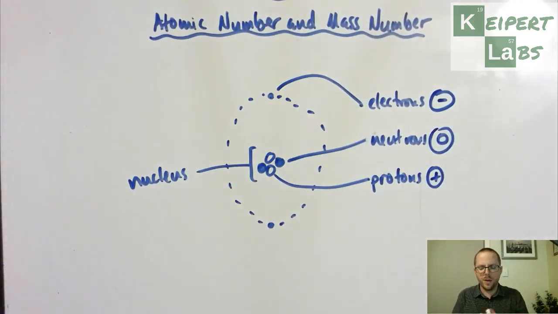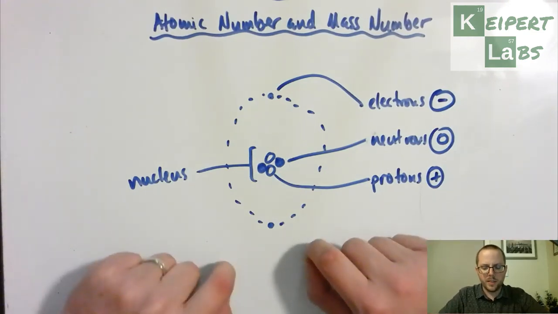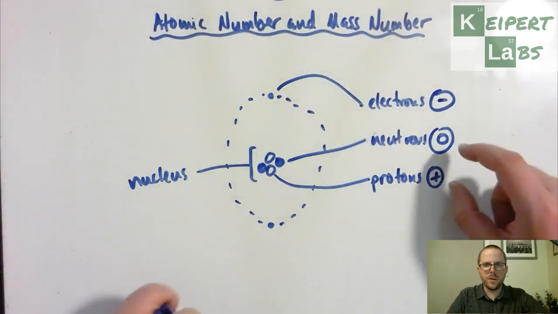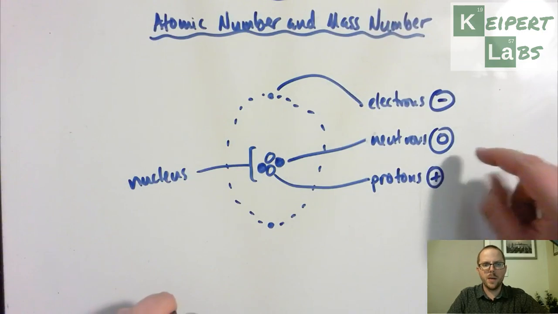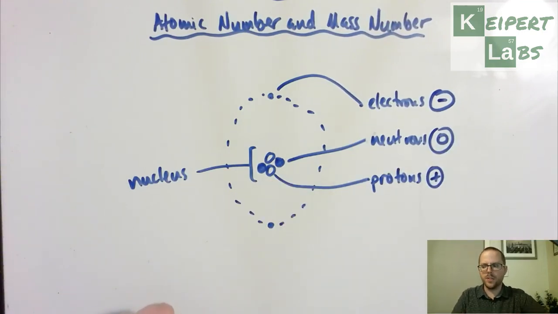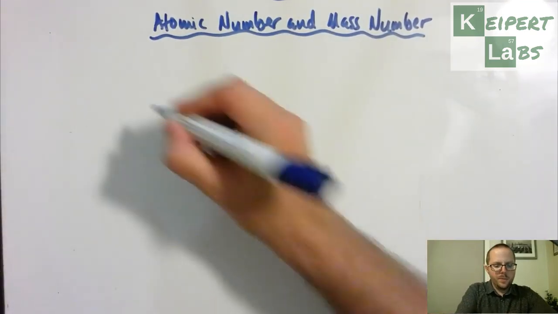So neutrons are neutral, no charge. But then there are important things that we want to know and be able to describe about an atom based on what the nucleus is like and how many protons it has. And so we're going to introduce those concepts now.